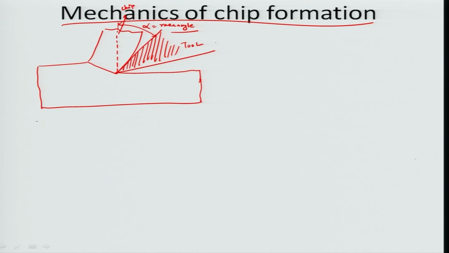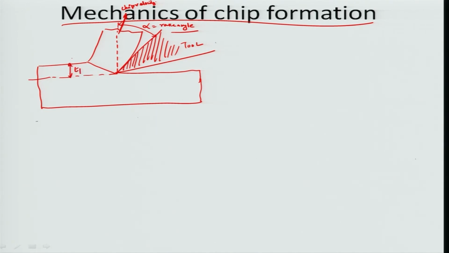And if I take the thickness of the cut and the uncut surfaces here, I would extend this particular plane all the way backwards to find out what this thickness is.